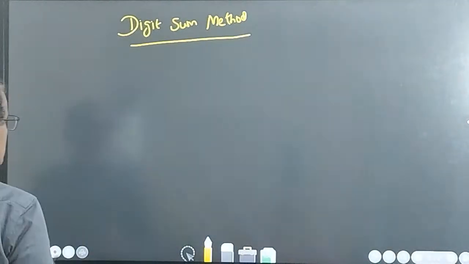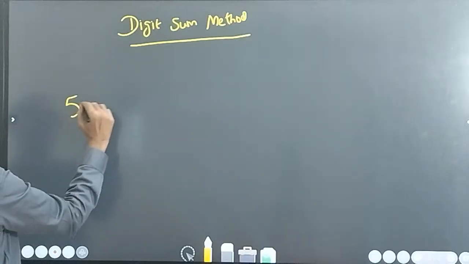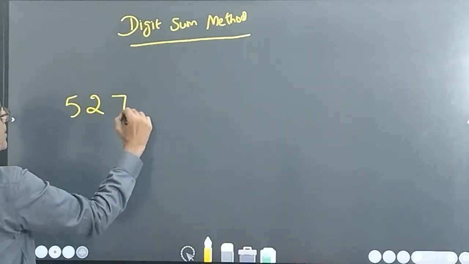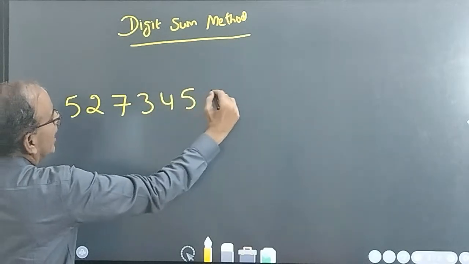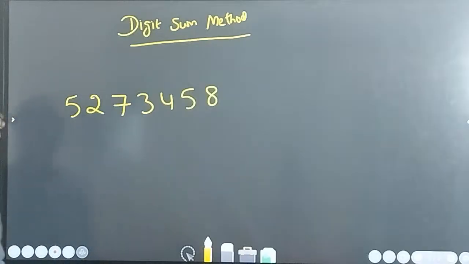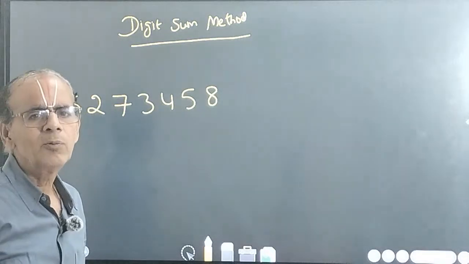What do you mean by digit sum? Suppose 52,73,458 is there. 5 is a digit, 2 is a digit, 7 is a digit, 3 and so on, these are digits. Digit sum, the name itself says sum.